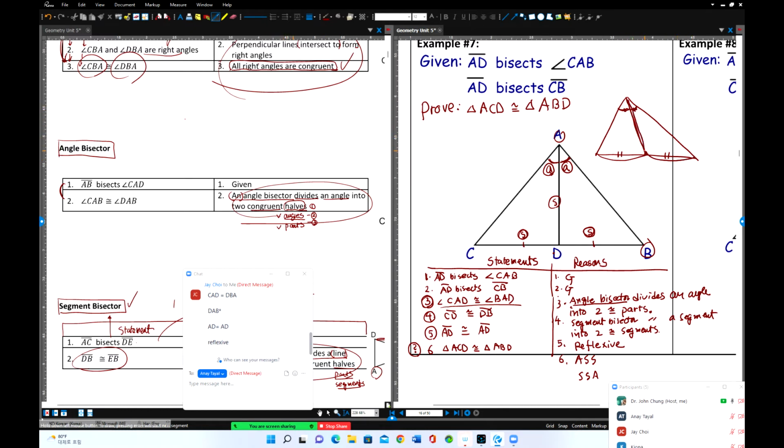Still this is reflexive. These two triangles look like right congruent triangles. It's not. Okay? So this is not working. We can't prove it. We are not sure. Do you follow me?